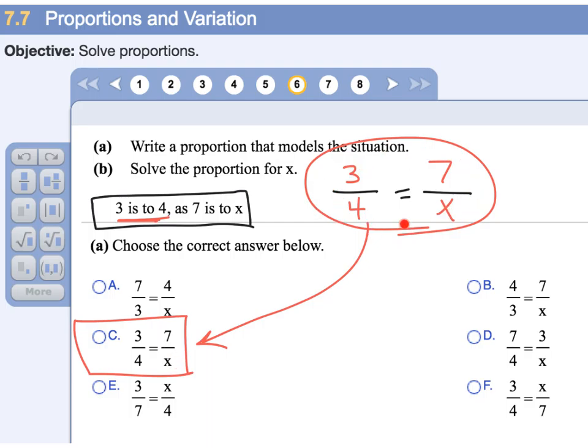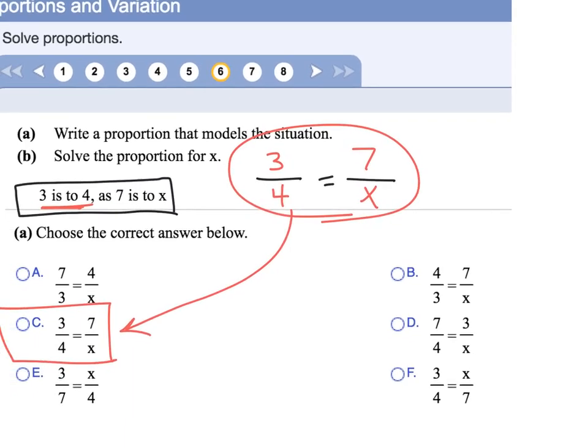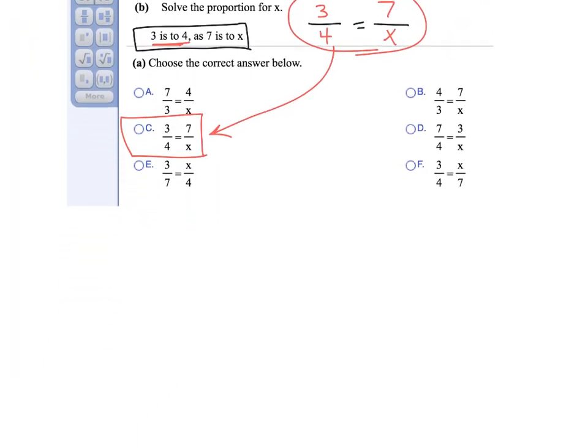Now, believe it or not, this is not the only option we could have had. We could have done another set of fractions. Instead of doing it top and bottom, we could have done left and right. So it says 3 is to 4, so we could have said 3 is to 4, and then as 7 is to x.